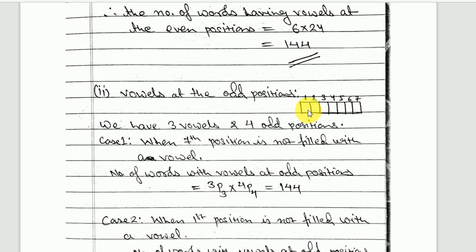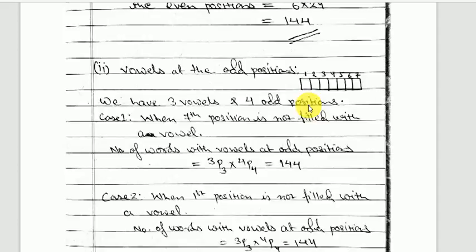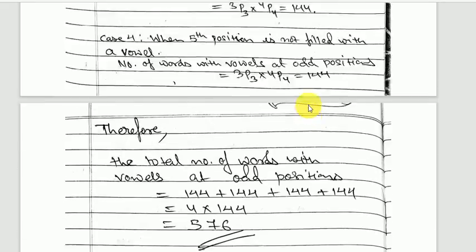So in that case the first odd position will be left empty, that will not have a vowel. Suppose I fill 1, 5 and 7, in that case the third position will be without a vowel. If I do it with 1, 3 and 7, then the fifth position will be without a vowel. So we have got how many cases? There will be altogether 4 cases.